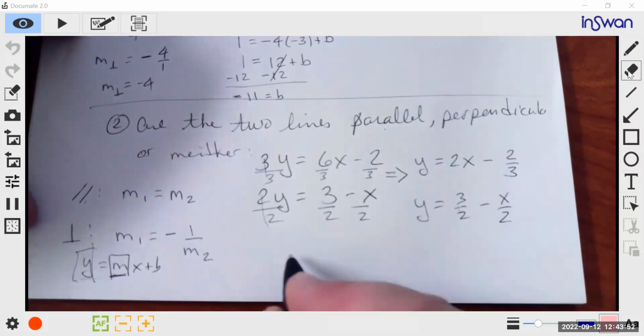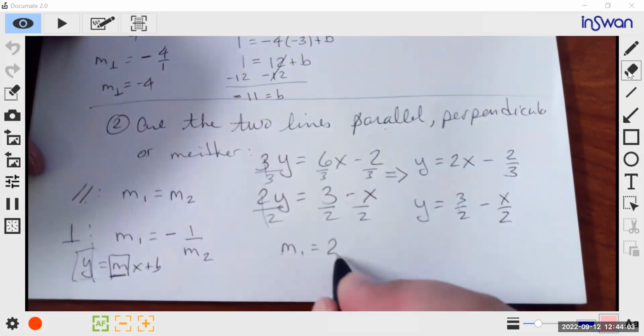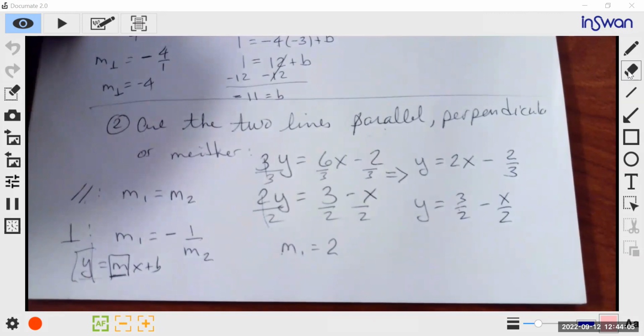Okay, what's the slope of line 1? Fine. The slope. What's the slope? The slope is in front of the x. Not the x, just the number in front. What's the slope of line 2?